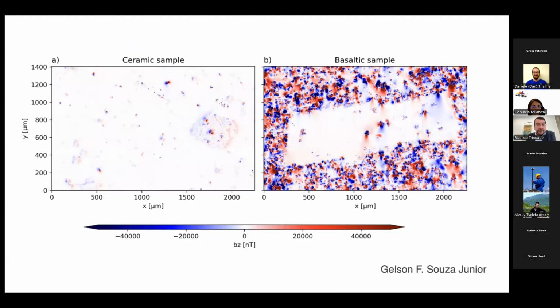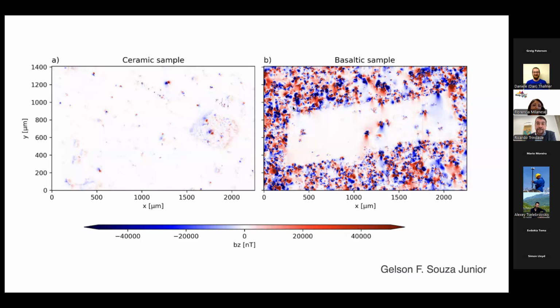And this now is an example of what we can do. Here we have 2 different samples that Gelson is studying for his PhD. On the left, we have a ceramic sample from an archaeological site that was already studied for archeointensity.